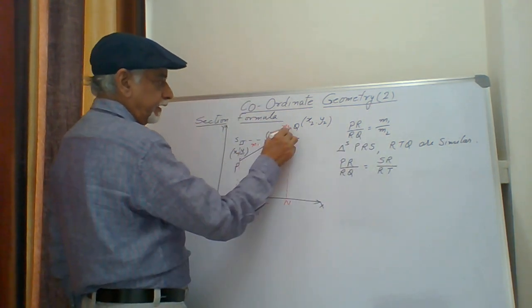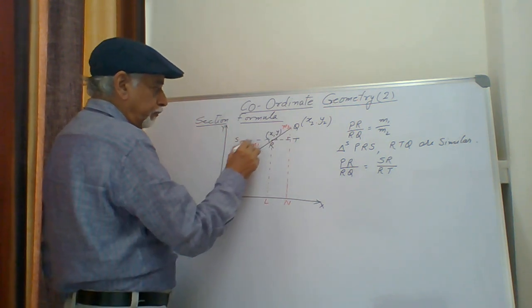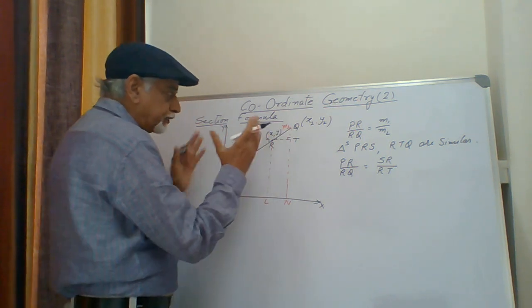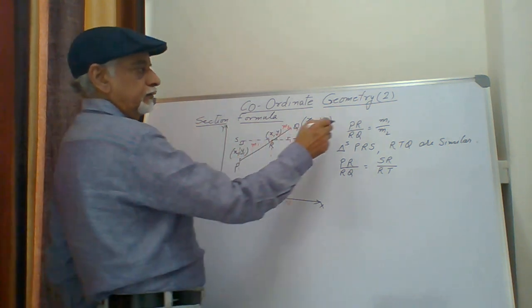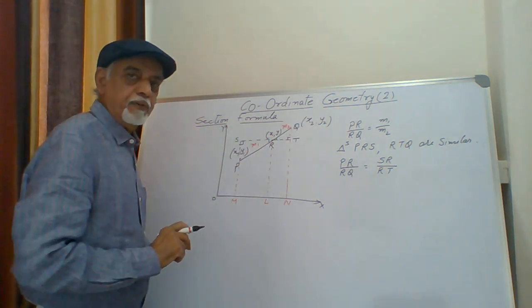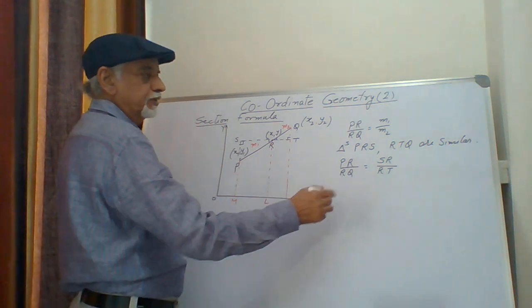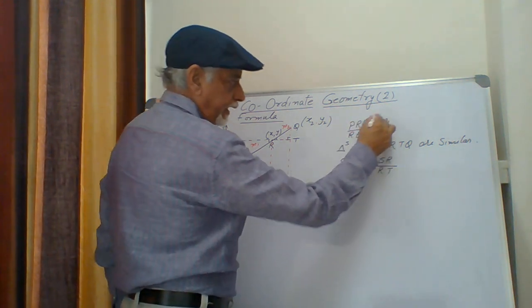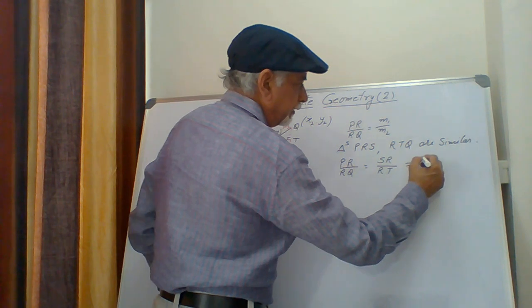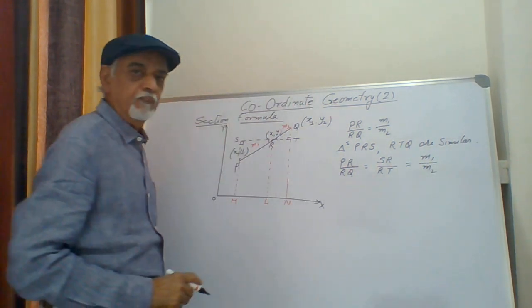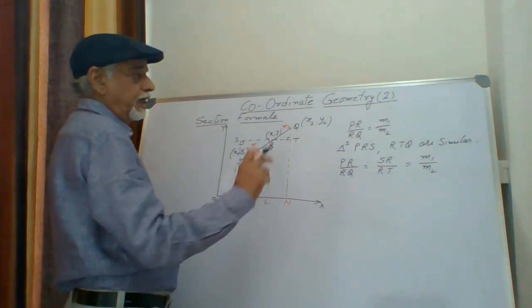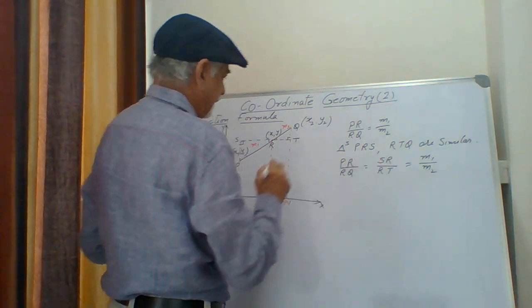This angle and this angle are also equal, so the sides opposite to these two angles will also be in proportion. So PR by RQ is equal to SR by RT, and as per this ratio this is also equal to M1 is to M2. Am I right? Now I have to calculate what is SR and RT.